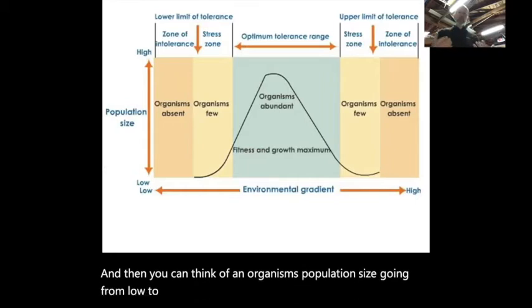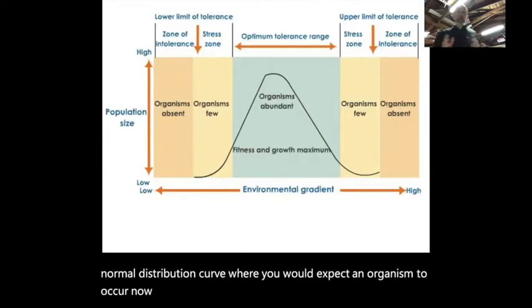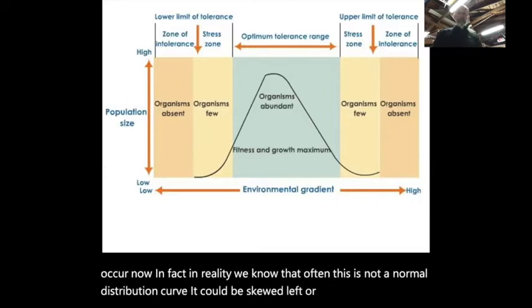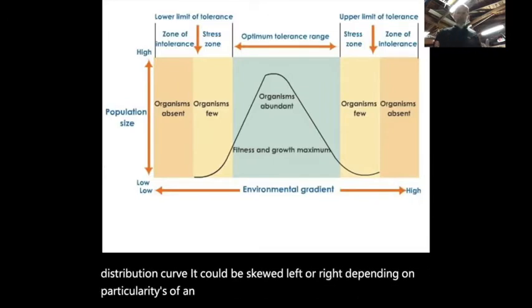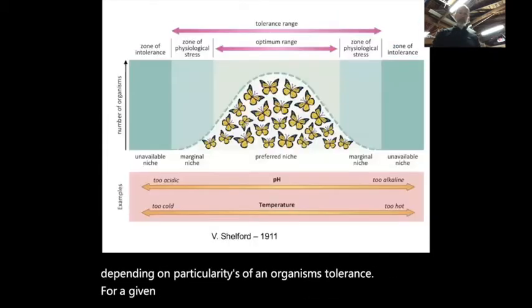And so then you have this range, basically a normal distribution curve where you would expect an organism to occur. Now, in fact, in reality, we know that often this is not a normal distribution curve. It can be skewed left or right, depending on particularities of an organism's tolerance for a given environmental limiter. But let's go with this idea.